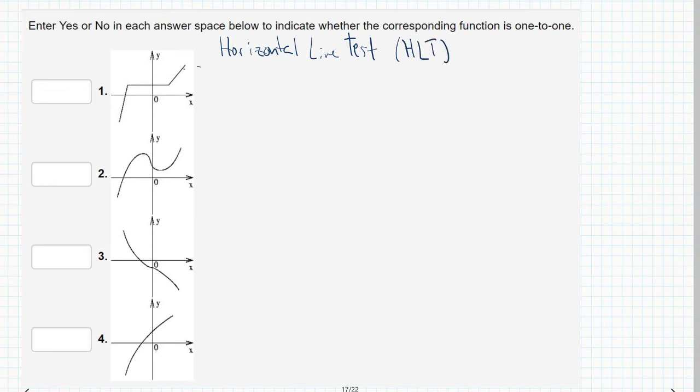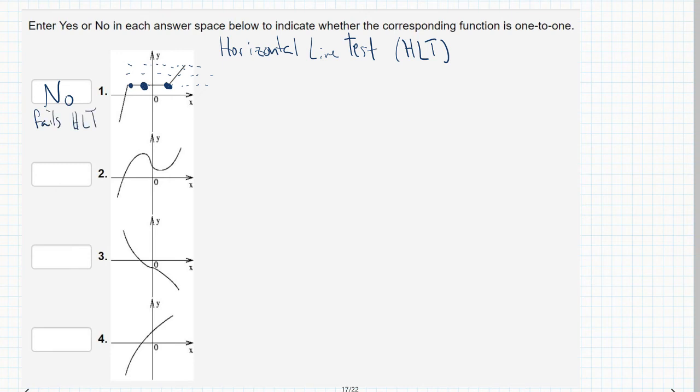Everything is going well here, but then at the horizontal line test, uh-oh, we hit it once and then a second time. We actually hit it infinitely many times here, so we have multiple points, this fails the horizontal line test, and this is not one-to-one.